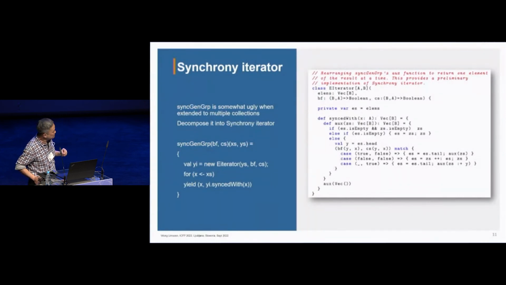And it turns out that it is possible if you decompose a Synchrony generator into two parts. One part is to convert the initial structure into an iterator, and the second is, given an X, to synchronize with this iterator to get all the Y's out. Once we decompose it into two parts, it's quite easy. That short piece of code is a decomposition. So you can also add this Synchrony iterator as a small library function into your standard collection type library.